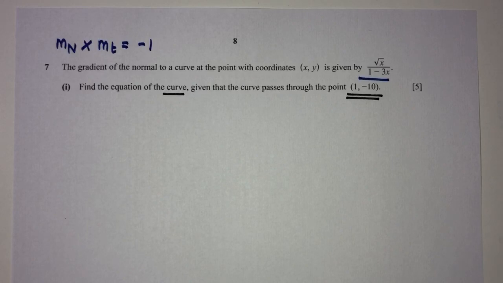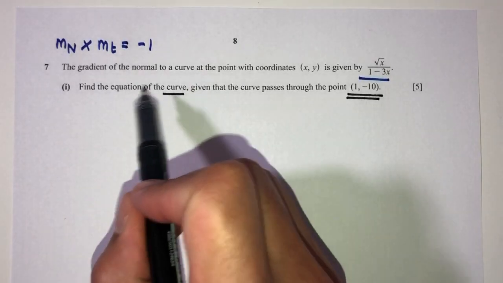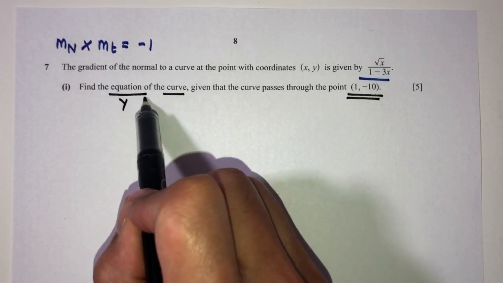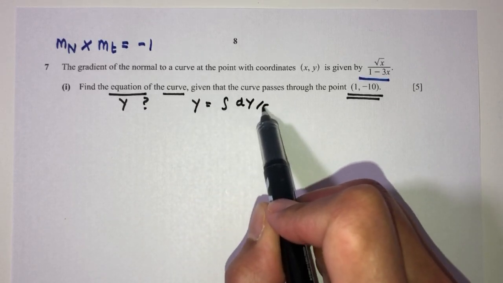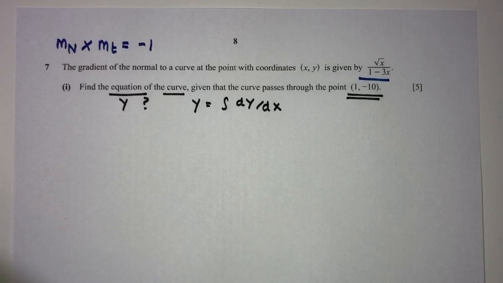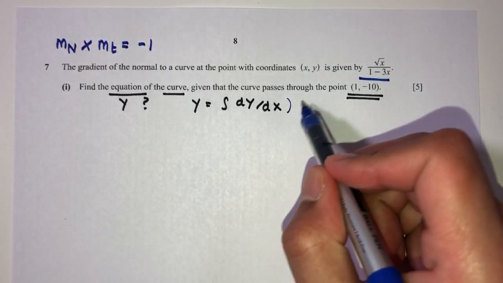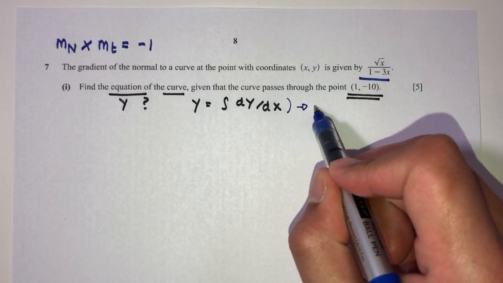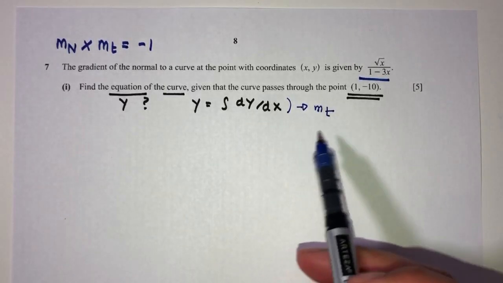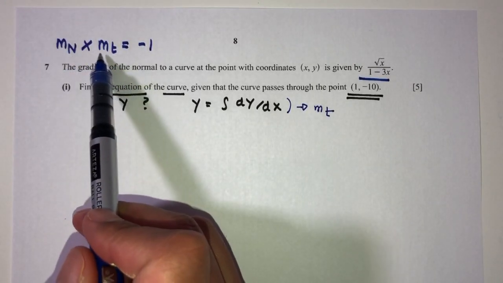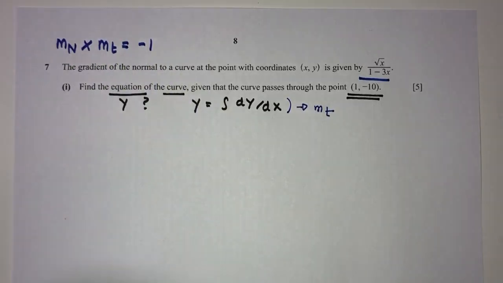So let's see. How do you find the equation of a curve? Curve, that is y. We have to find y. So we know y is equal to the integration of dy by dx. Now, what is dy by dx? We have to know dy by dx is basically the gradient of the tangent. And as you can see here, we have an equation relating tangent and normal by this.